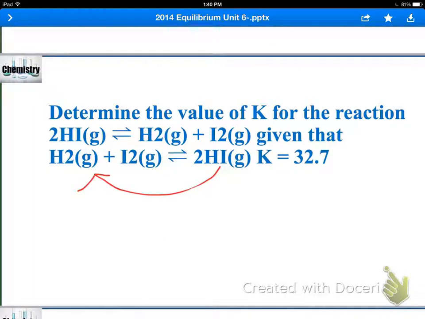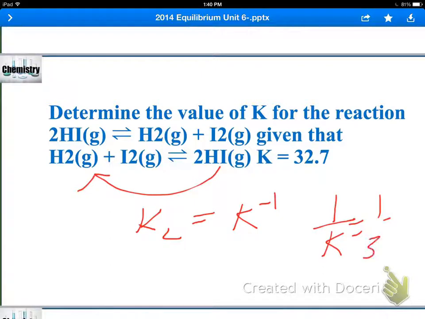And if I do that, K2 is going to be the inverse of K1, which means 1 over K, or 1 over 32.7, which gives me 0.0306.